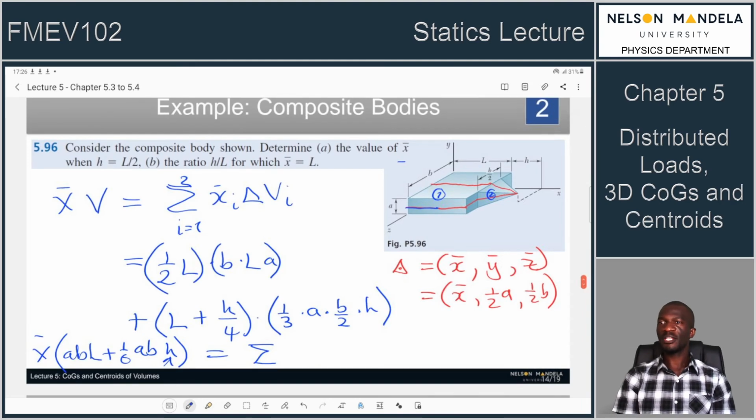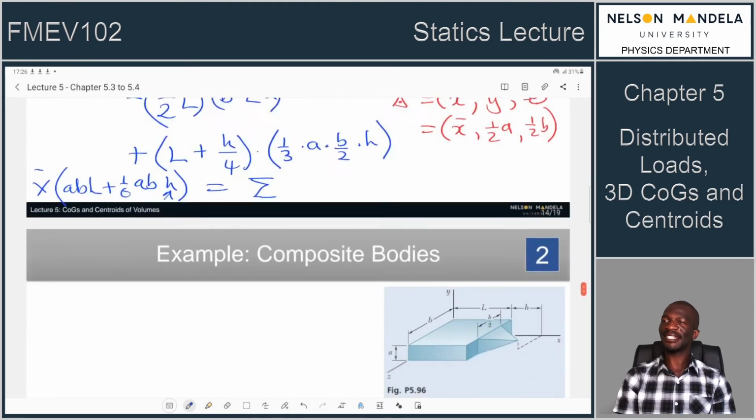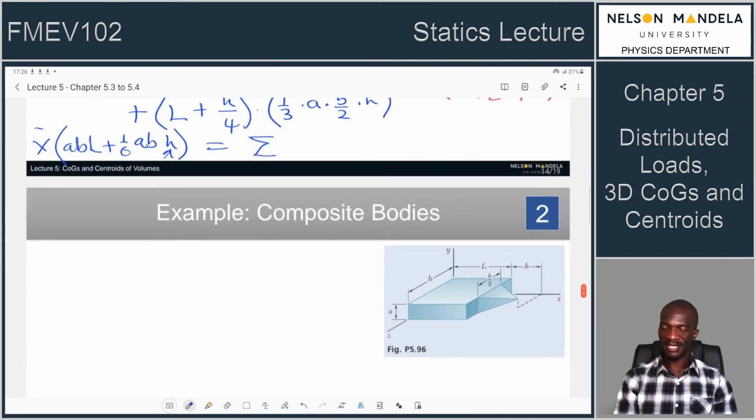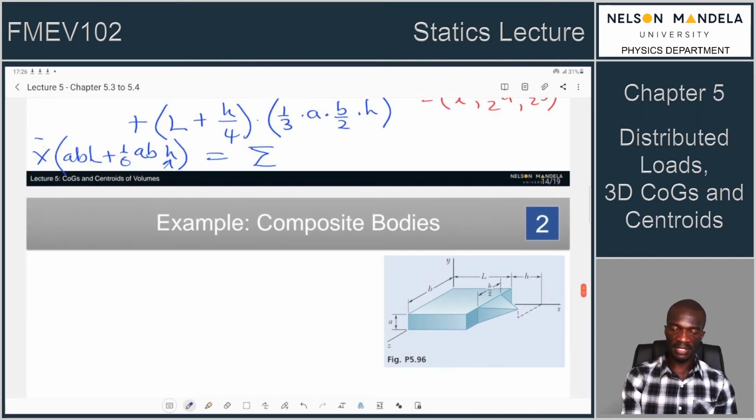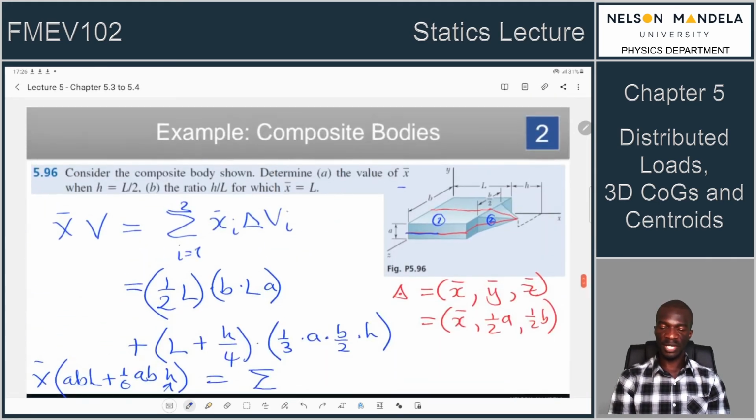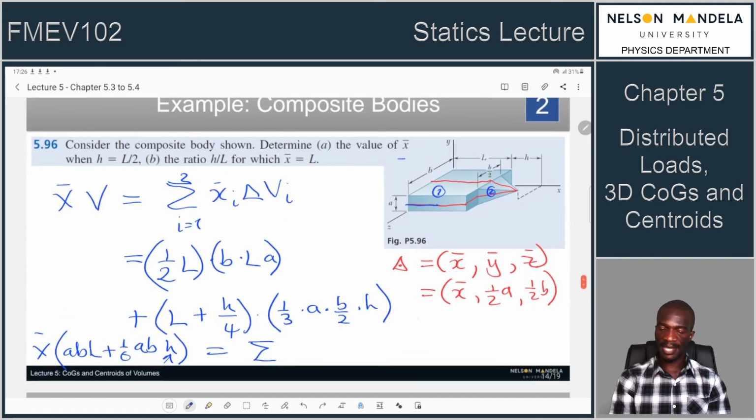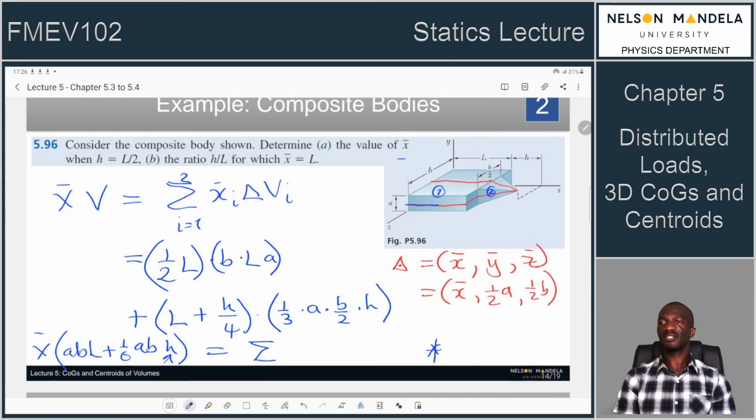The ratio h over L for which x bar is equal to L is something you can come up with when you have the total expression, using your algebra.